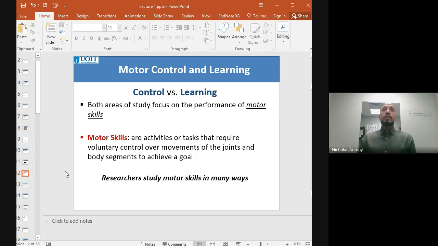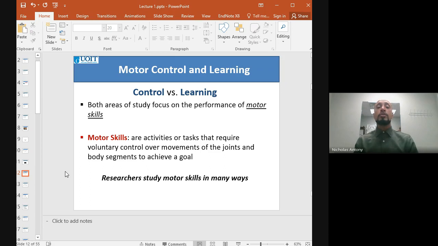Now, the course is called Human Motor Control and Learning. So what are those two terms? Half the course is about motor control, and half the course is about motor learning. They're both within the same branch, because they both pertain to the study of motor skills.